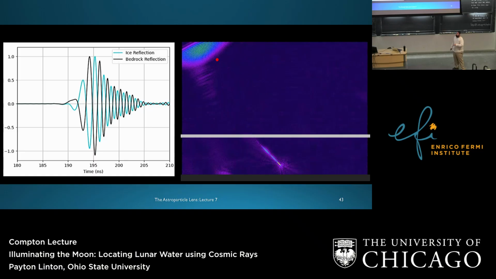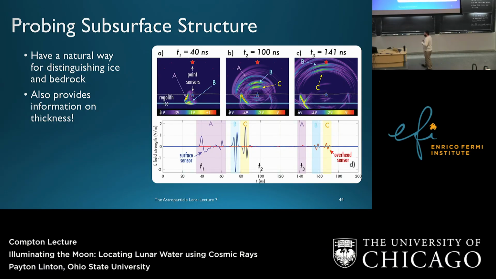And so from this, we have a natural way of telling the difference between ice and rock. And that's not the only information that we can gain from these radio pulses. So for instance, some of the energy, when it hits that layer of ice or rock or whatever it is, will continue propagating down, and it will do a secondary reflection off the bottom of it. And so we have the opportunity to see two pulses.